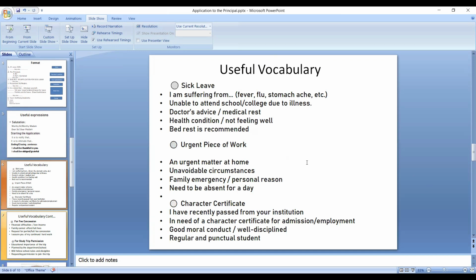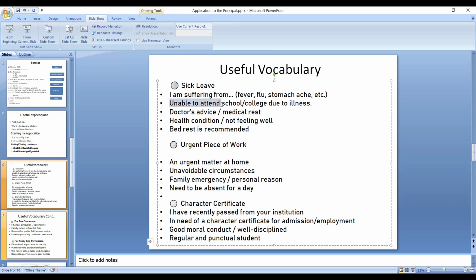Now, we write application for a number of reasons, and in the last two slides, we are going to learn about some useful vocabulary. If it is application for the sick leave, so the relevant vocabulary might be "I am suffering from." So there could be a varied number of reasons. It might be flu, it might be fever, stomach ache, backache, toothache, and so on.